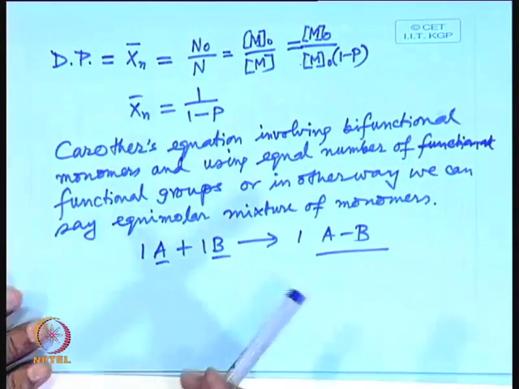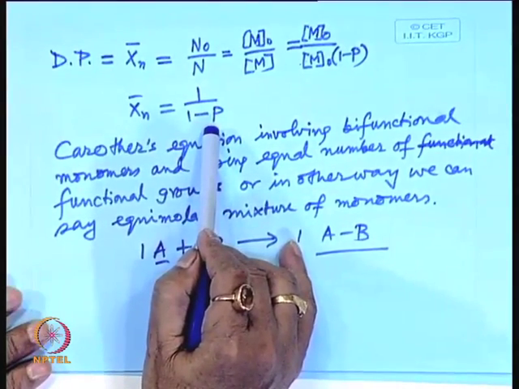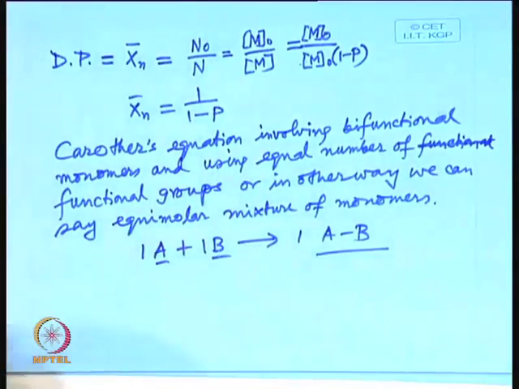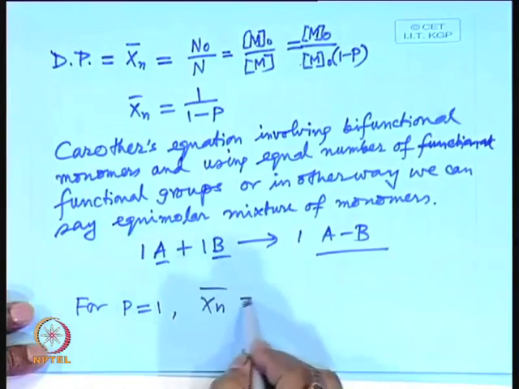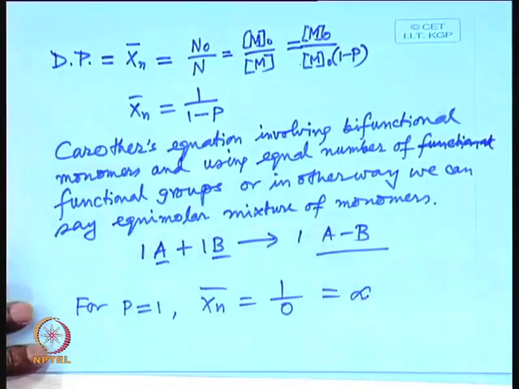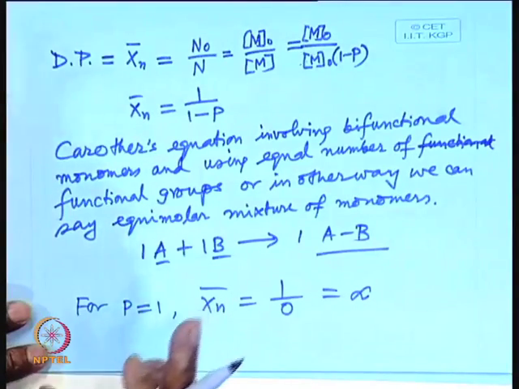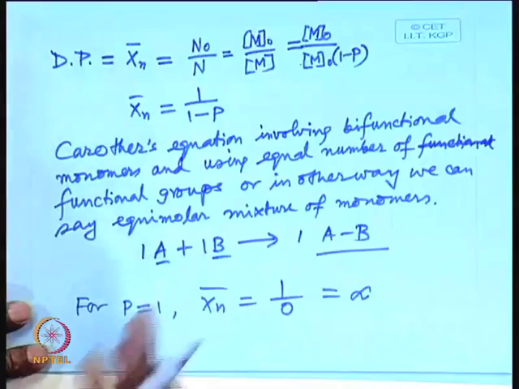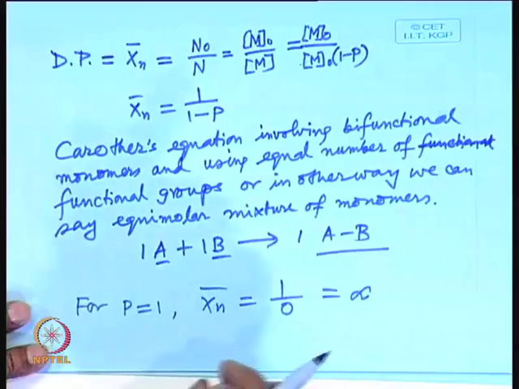Now, let us examine one thing. Here 1 by 1 minus p, if p is equal to 1, 100% reaction, then theoretically, if you take 100% pure monomers with strict control of molar ratio stoichiometry, it should lead to a molecular size of infinite molecular weight.